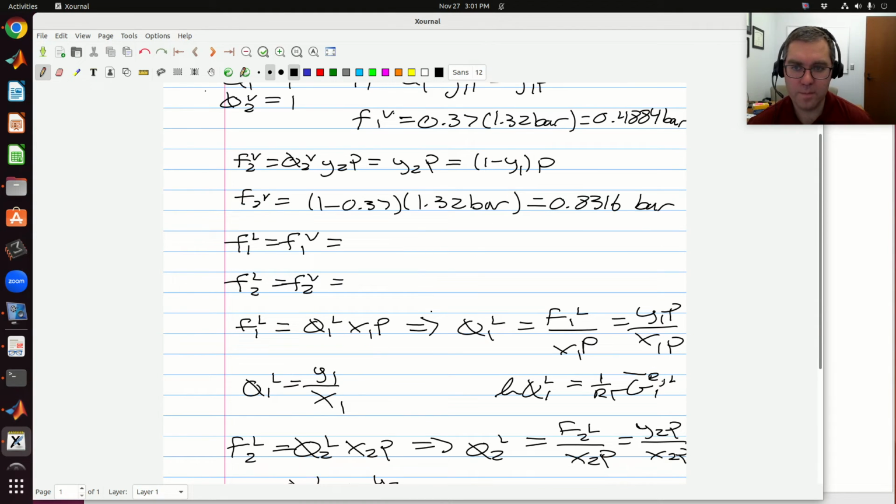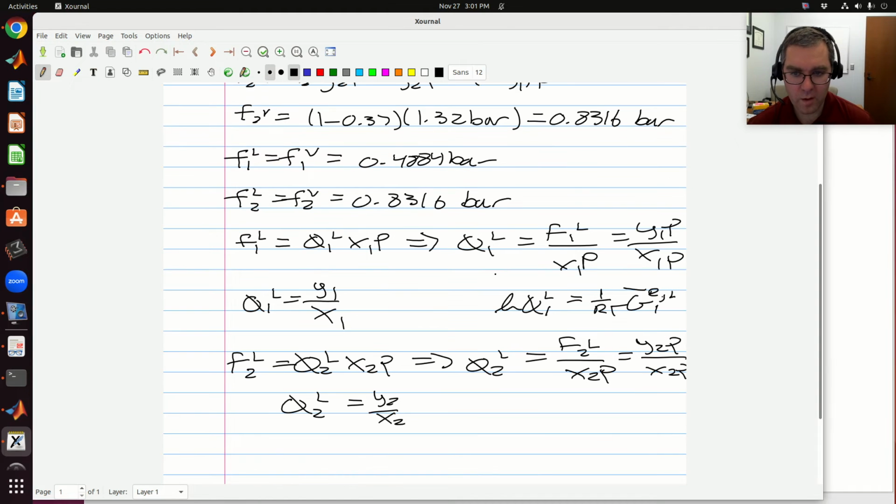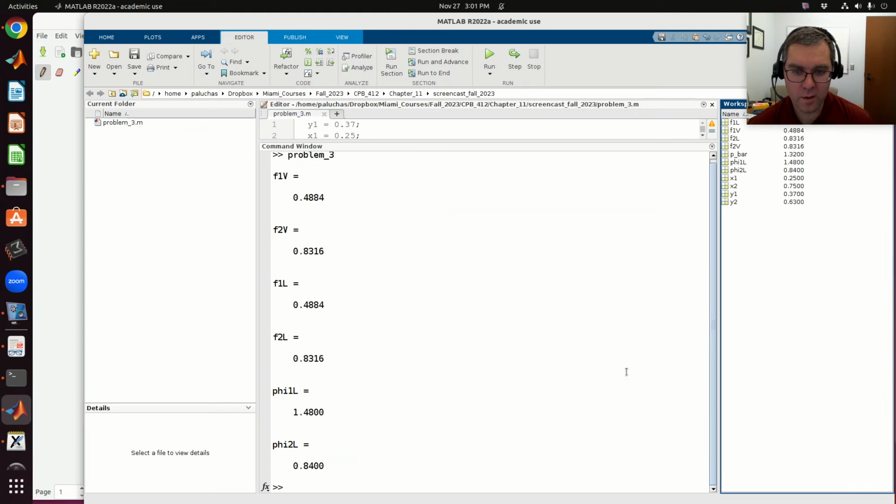My liquid fugacities are equal to my vapor ones, so this is 0.4884 bars and this is 0.8316 bars. The fugacity coefficient of component 1 is 1.48.